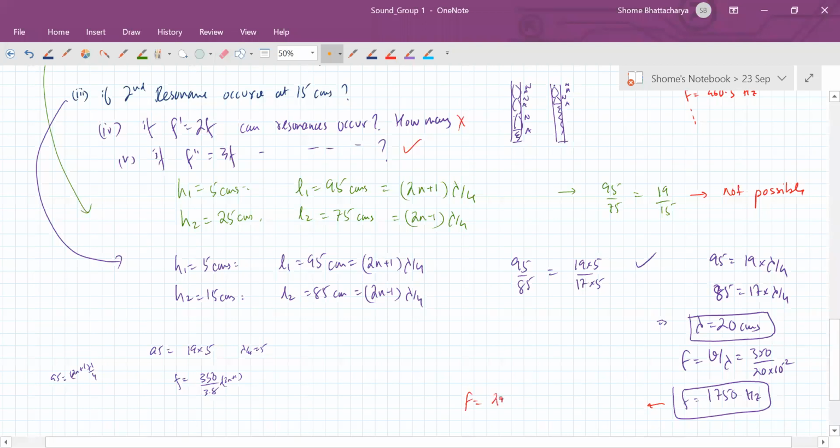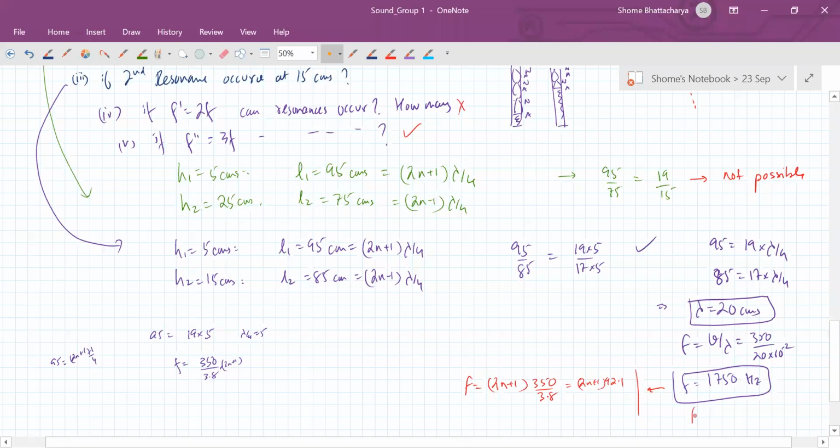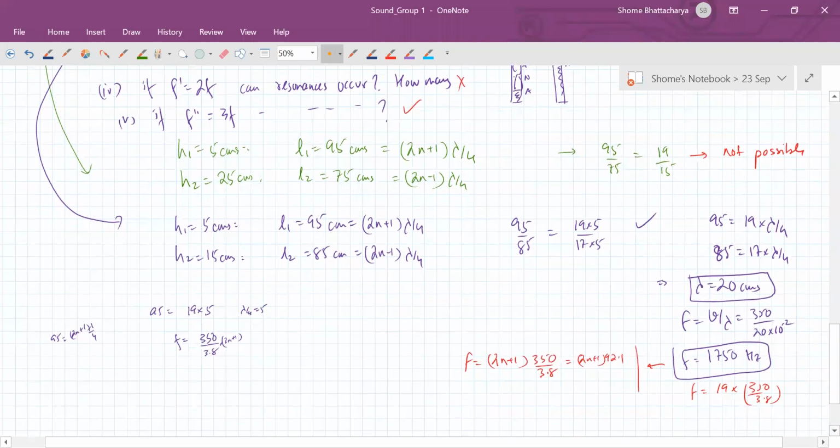It had to be an odd multiple of this. So in this case, you can see this is 19 times 350 upon 3.8.